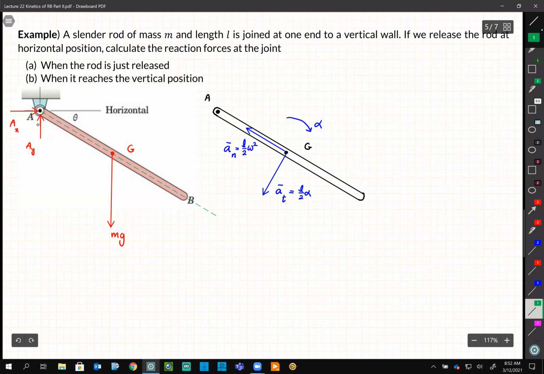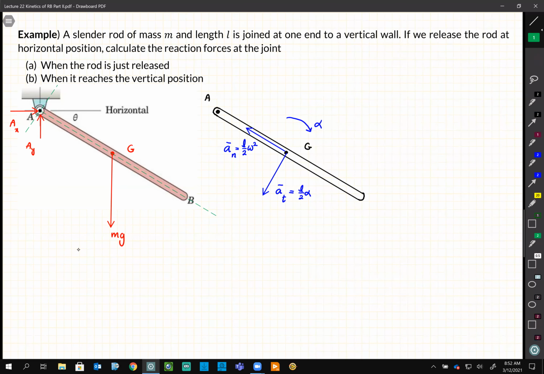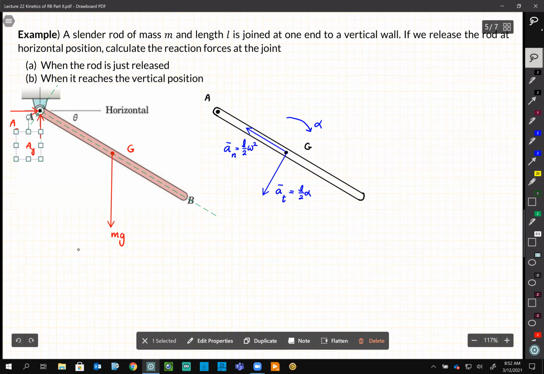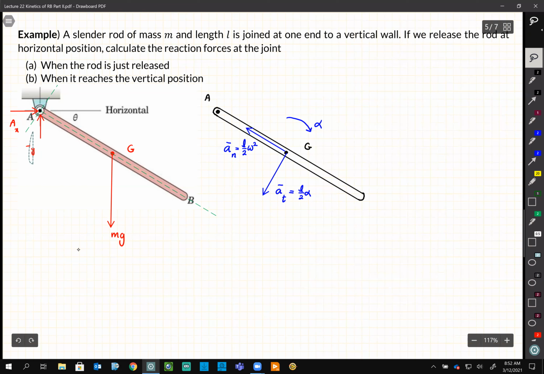I suggest this one is better, because it's easier to work with the directions that A T and A N are in. So in that case, let's change this to A T and A N. The previous solution was correct, but more work.